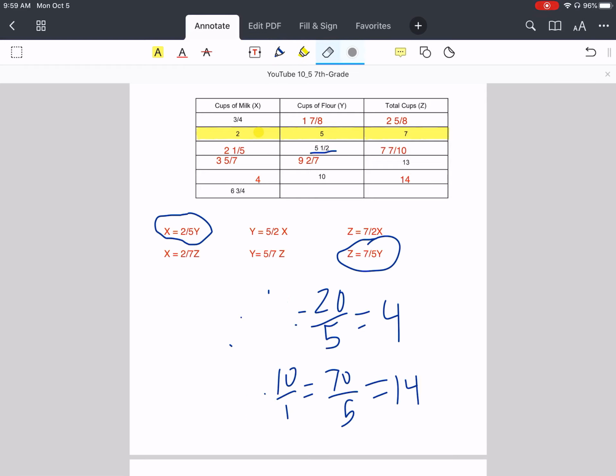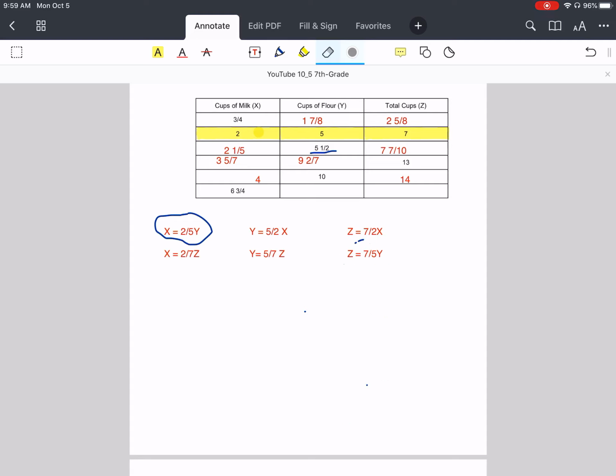Last row, x value equals 6 3/4, which means that they give us the x value and we need to find the y and the z value. So we're going to use y equals 5 over 2 times x, z equals 7 over 2 times x. 6 3/4 is going to be the same as 27/4.